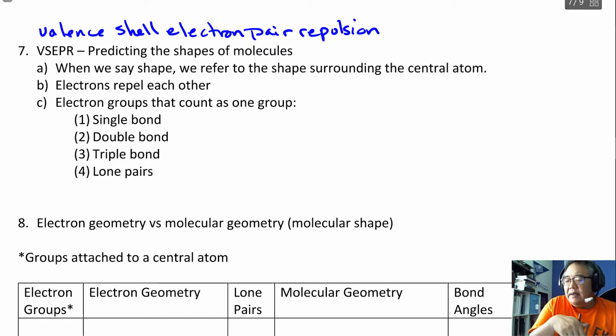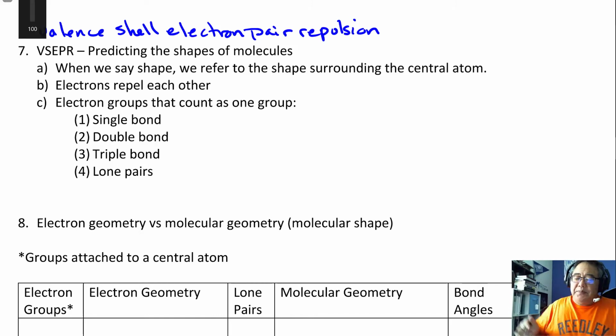So again, a central atom will have electrons around it, electron groups like other atoms, right? And these groups, because they're bonded together, will repel each other. And the goal of VSEPR theory is to find the arrangement which maximizes the distance between the atoms on the outside of the molecule.